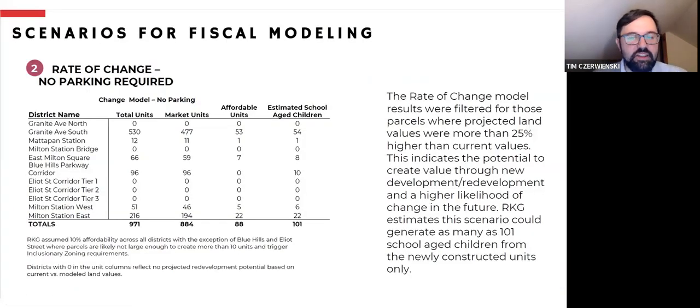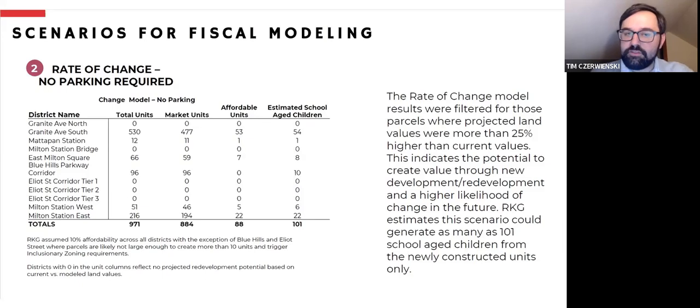So this is a chart that shows one of the scenarios that RKG modeled, and they modeled three scenarios. One of them was for full build out. So what happens if every single parcel gets redeveloped for the total number of 25-something unit capacity under our current zoning parameters.